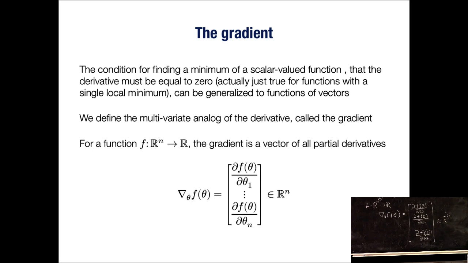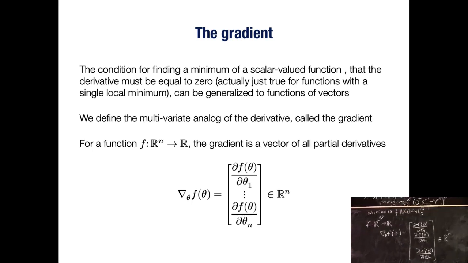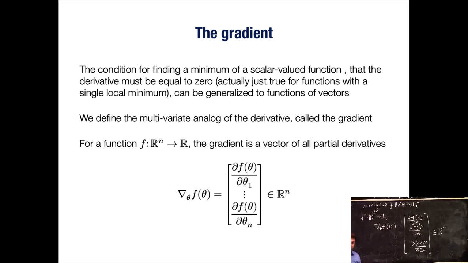Just like for scalar valued functions, we had the condition that a 0 gradient meant we were at an optimum of the function, if the function has minima instead of maxima, doesn't have flat points, stuff like that. The condition for us to be at a minimum or an optimum of a vector valued function would just be that the entire gradient is equal to 0.